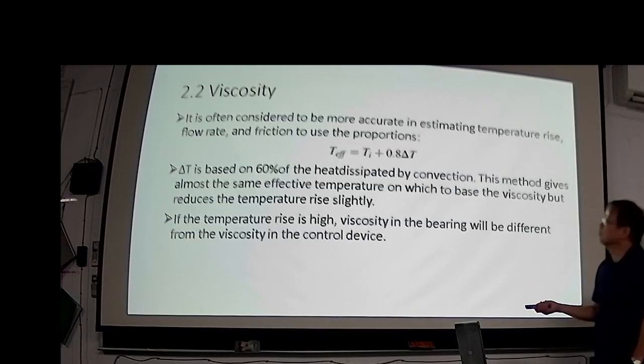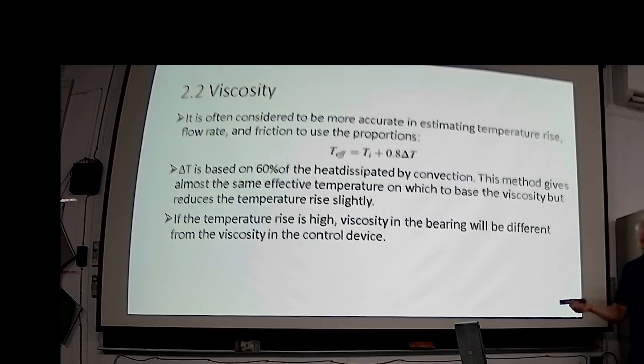And then we have another assumption using this. So the delta T, the temperature rise, is calculated using the assumption of 60% of the heat dissipated from the bearing surface being convected to the lubricant.